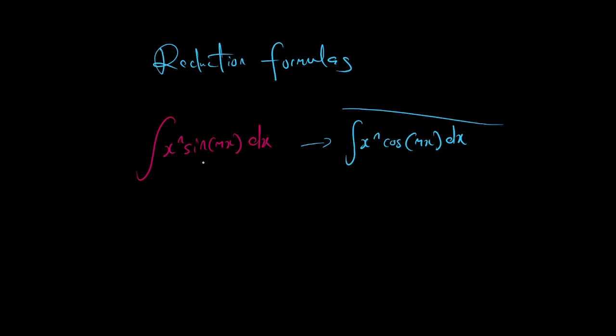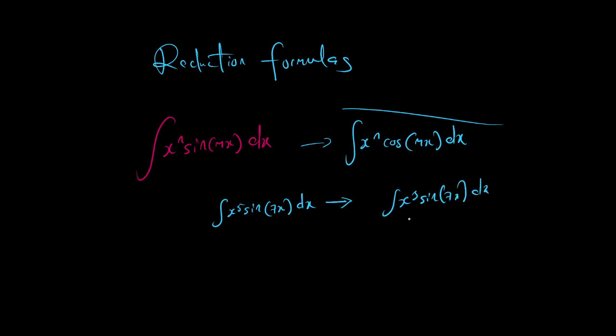Now, like I said in the previous video, reduction formulas typically involve reducing the powers of the exponent. For example, we can try to connect the integral of x to the 5 sine of, say, 7x dx, reducing it to something like the integral of x cubed sine of 7x dx.